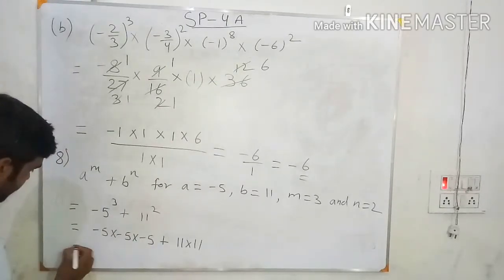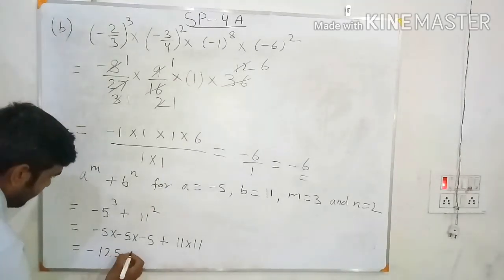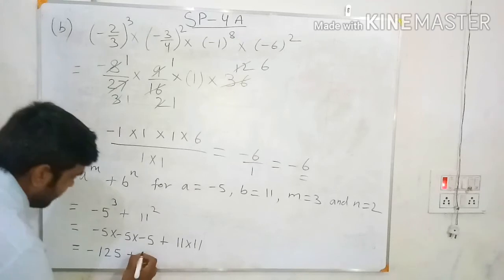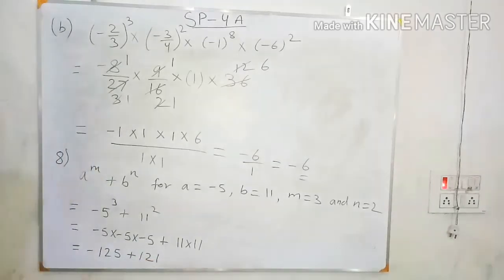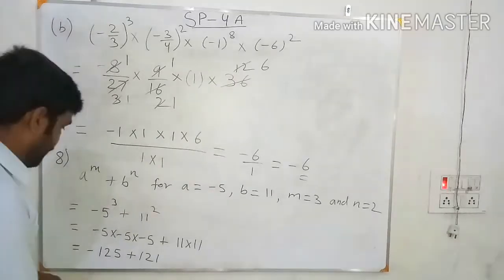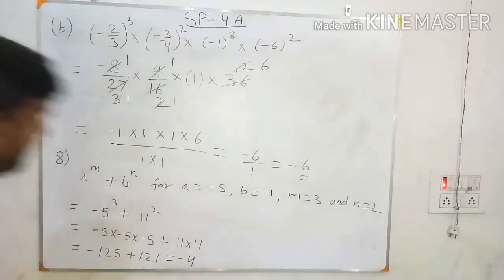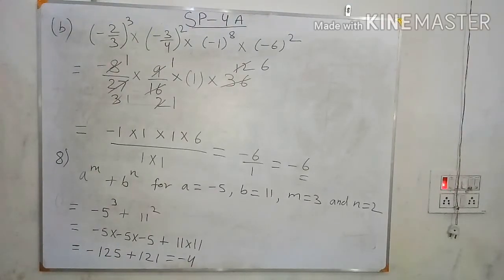So you are going to get minus 125 plus 11 11s are 121. So 121 is positive, 125 is negative, so there will be the subtraction only. So minus 125 plus 121 gives you minus 4. The result is minus 4.